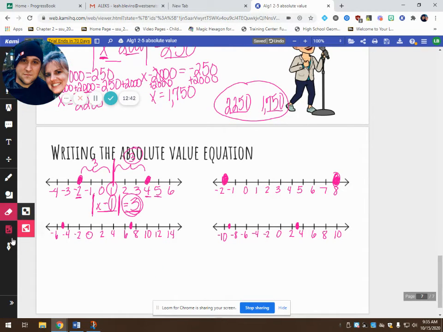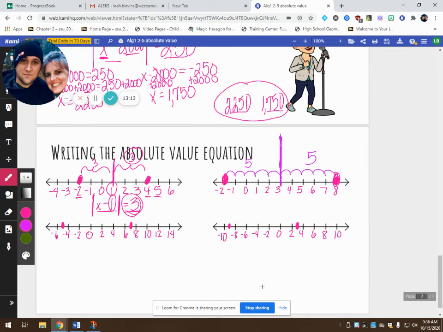Our numbers are -2 and 8. So what is the halfway point between -2 and 8? Well, I come up 2, I come up 8 more, so I came a total distance of 10. We know half of 10 is 5, so if I come up 1, 2, 3, 4, 5 units, this is my halfway point here.